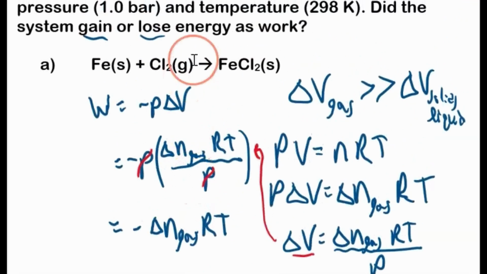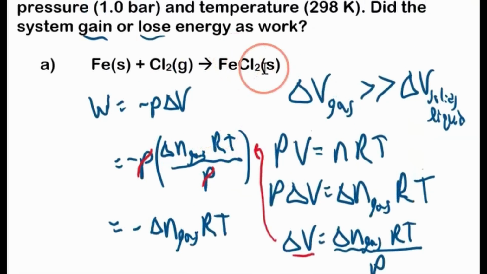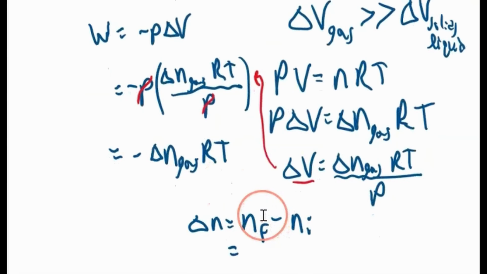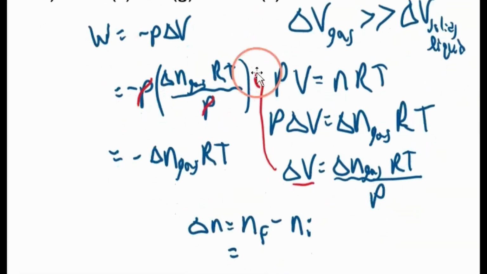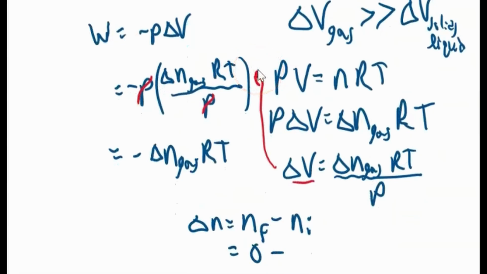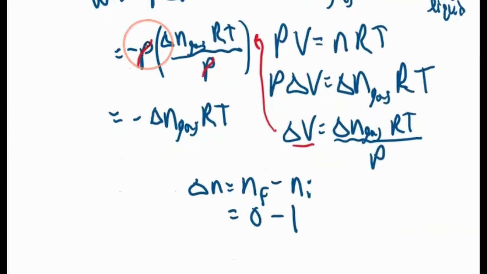Final means the products. So there's no gas afterwards, so that's 0. And initially, based on the balanced equation, there's just a 1 here. So that's 1. So the change in moles is negative 1.